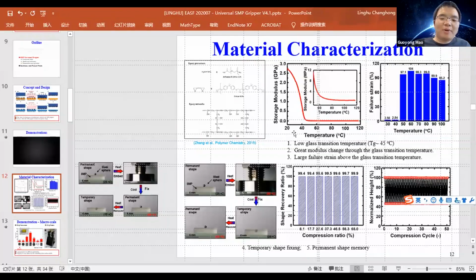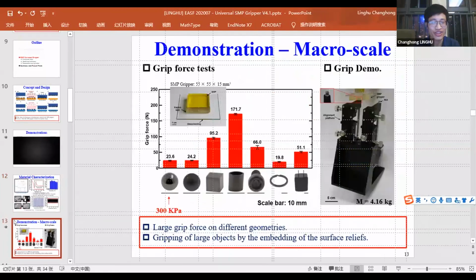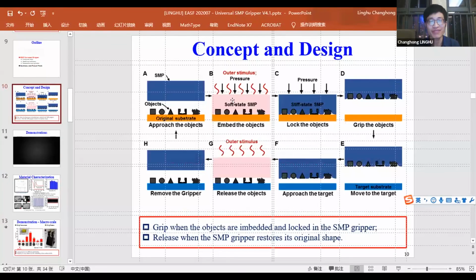Will it be a problem to grab, for example, a very soft gel? Yeah, this is a big problem. Here we must embed the object into the SMP. In fact, the SMP is not that soft.